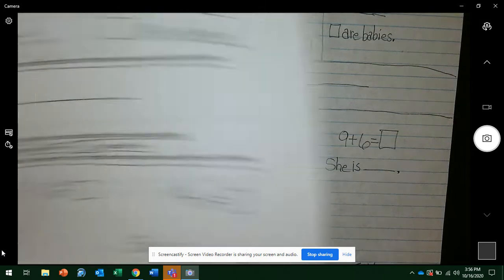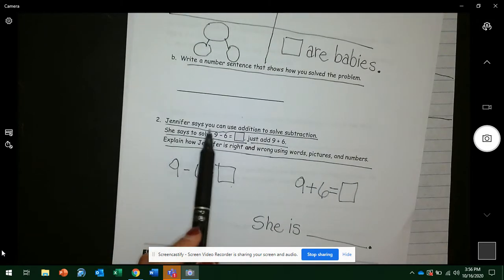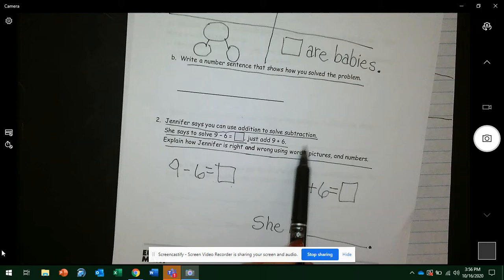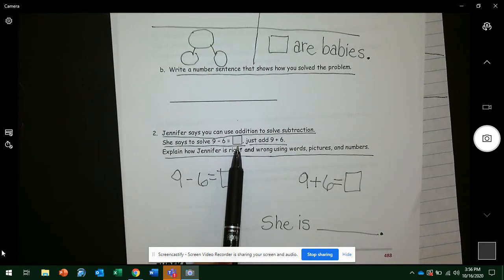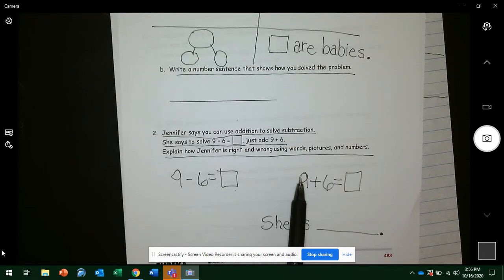I'm going to explain it one more time. It says, Jennifer says you can use addition to solve subtraction. She says to solve 9 minus 6 equals blank, just add 9 plus 6. So she says in order to get the answer for 9 minus 6, you just have to add 9 plus 6 together.